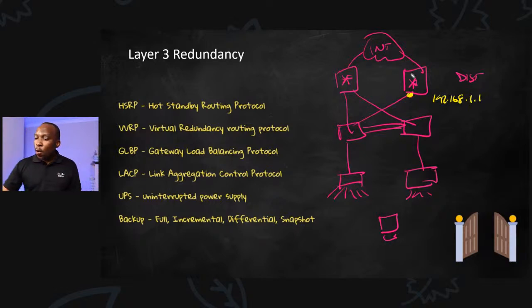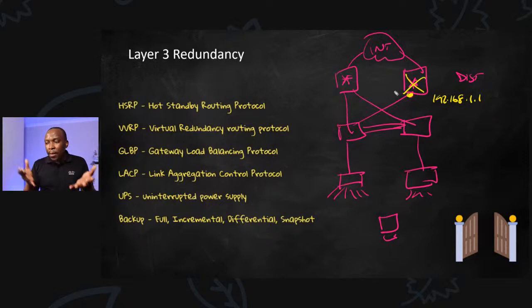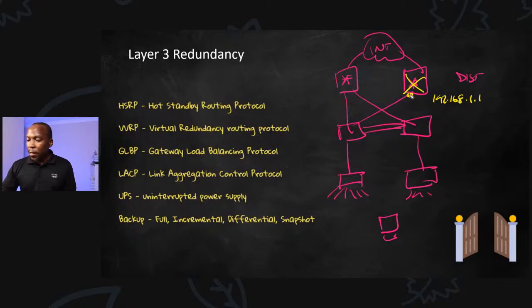Fantastic. What happens if this switch goes down? In a normal scenario, you basically lose your default gateway. So HSRP comes into play and says, instead of allocating your gateway on this device or on this device, I am going to come up with a virtual IP that is going to be serviced by these two devices.